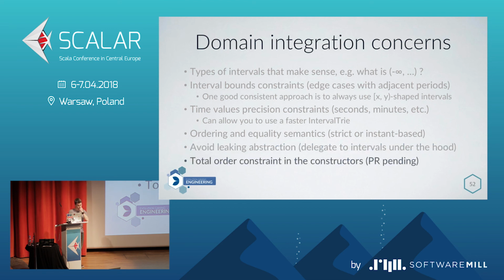And there is a small caveat about the order constraint in the constructors for interval. If you remember the type signature for interval, it's right in the constructor. This poses some challenges for generic programming, for example. But there is a PR pending, I just submitted it today, so it will hopefully be gone eventually. But this should also be considered when using the current version of Spire.